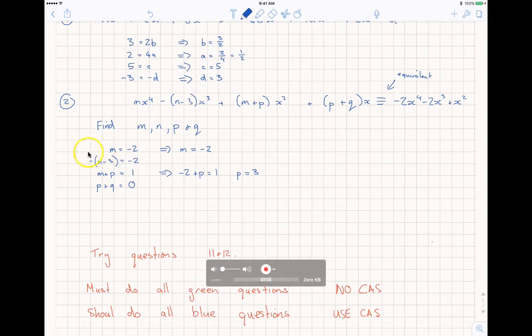In this second equation, let's multiply through by -1 first. So we end up with negative n. Actually, I might not do that. We just might multiply both sides by negative so that we end up with n minus 3 equals 2, and then add 3 to both sides, we get n equals 5.